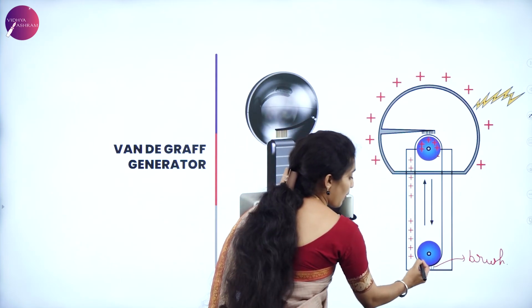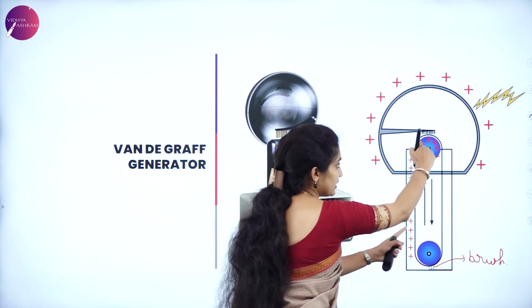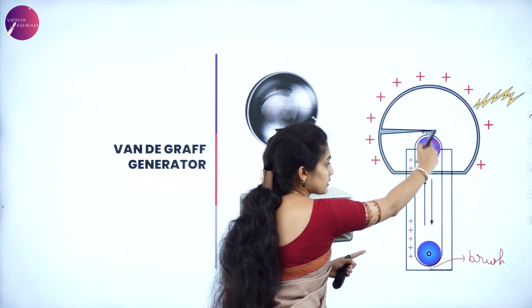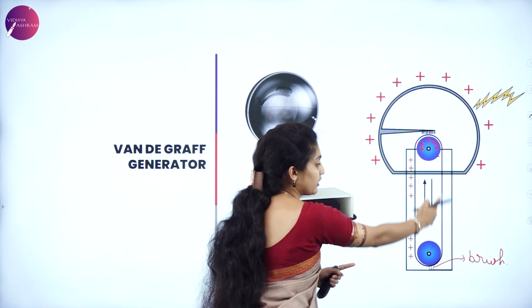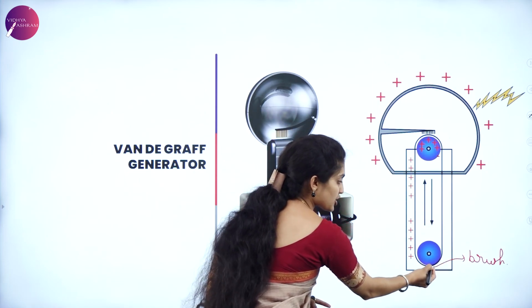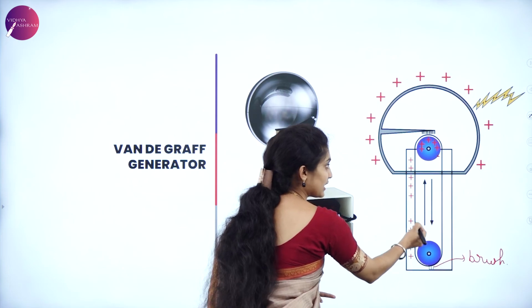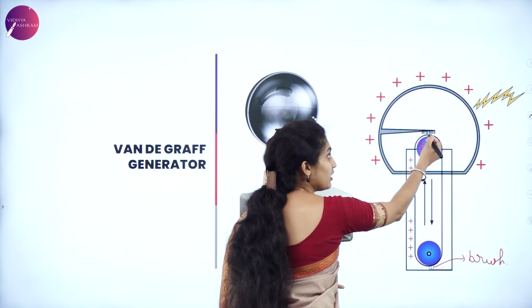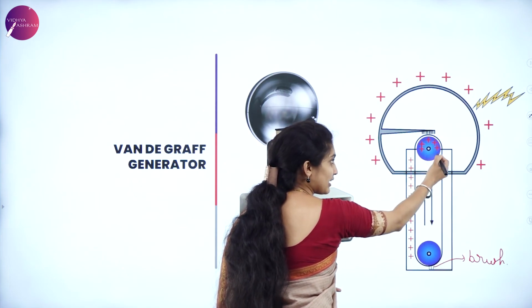The positive charges are carried as the pulley keeps on turning over the sphere. While moving, the positive charges supplied through the brush to the pulley keep moving up, and there the conducting material is present.